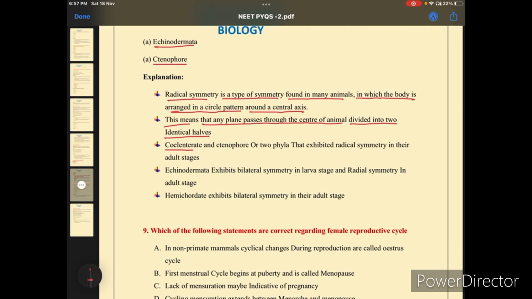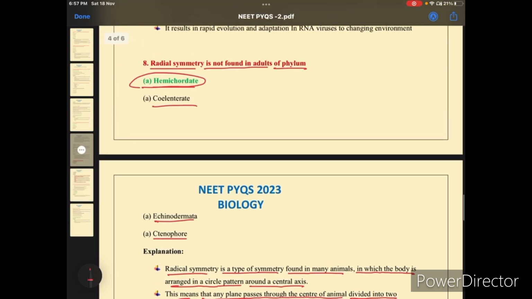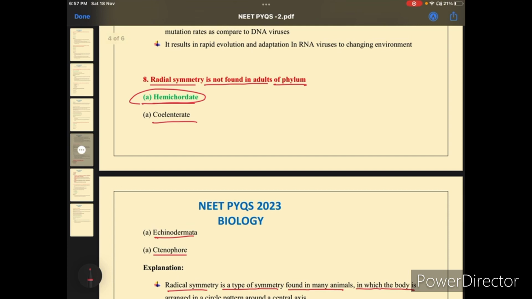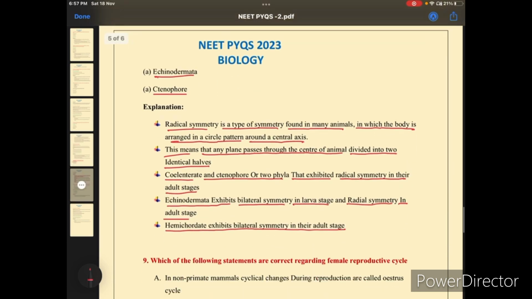Coelenterata and Ctenophora are two phyla that exhibit radial symmetry in their adult stage. Echinodermata exhibit bilateral symmetry in the larval stage and radial symmetry in the adult stage, but Hemichordata exhibit bilateral symmetry in the adult stage. So the phylum in which radial symmetry is not found is Hemichordata.